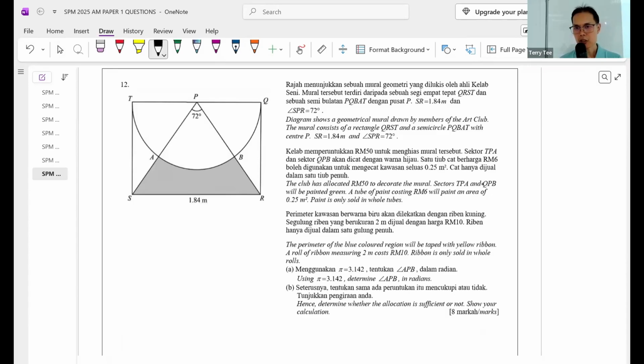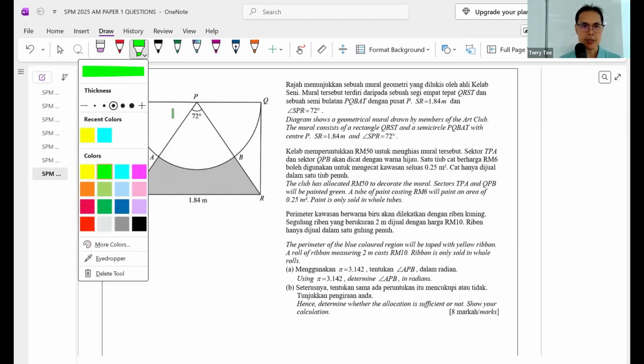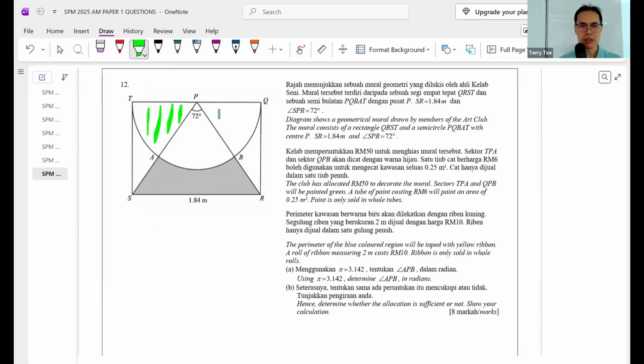Sector PQA, QPB will be painted green. So where's the green part? This part, painted green. A tube of paint costing 6 ringgit will paint an area of 0.25 square meter. Paint is only sold in whole tubes.